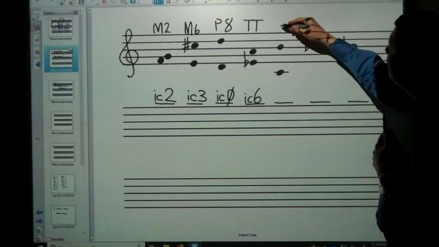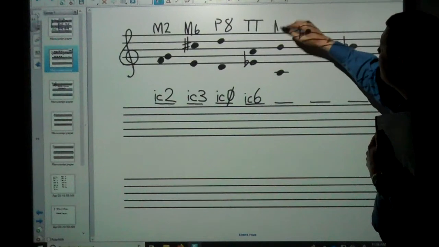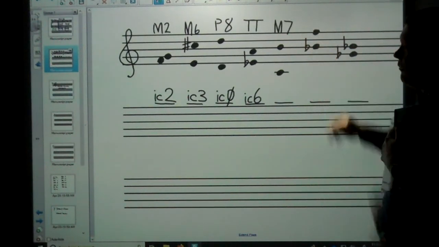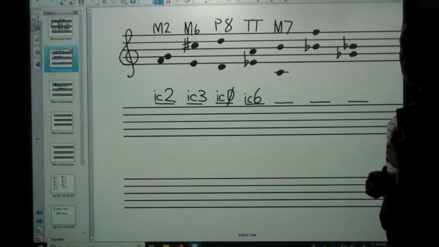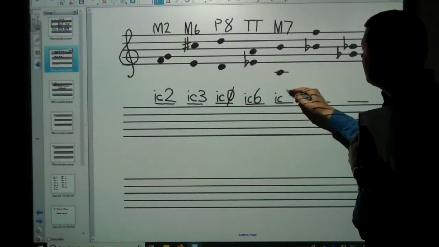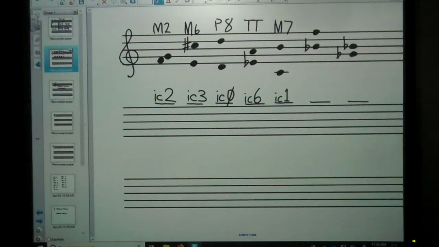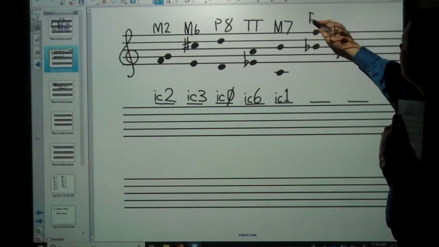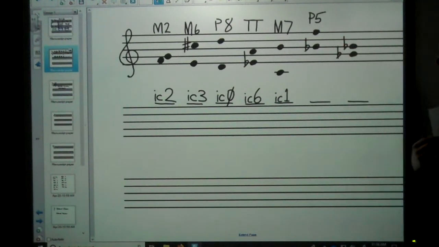The next traditional interval here is a major 7th, C to B. But we know that the inversion of a major 7th is a minor 2nd. So the interval class, again the shortest distance, is going to be interval class 1. A couple more here. B flat to F is traditionally a perfect 5th.